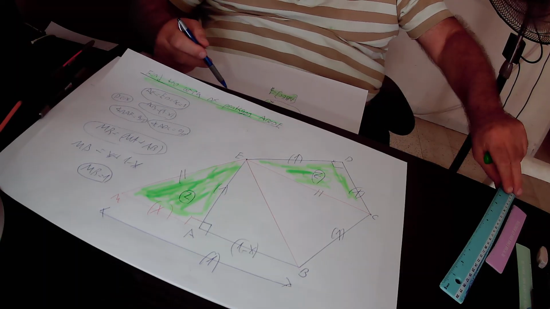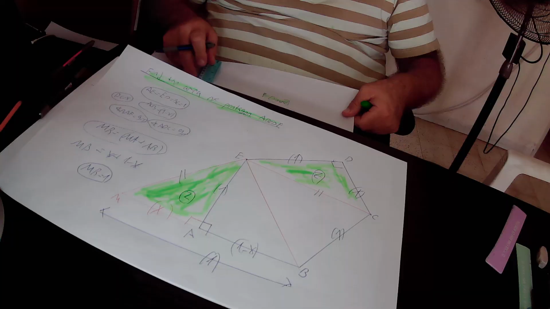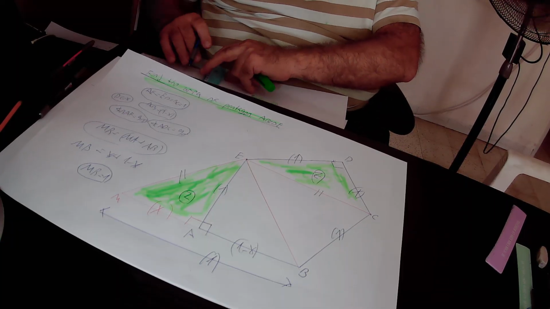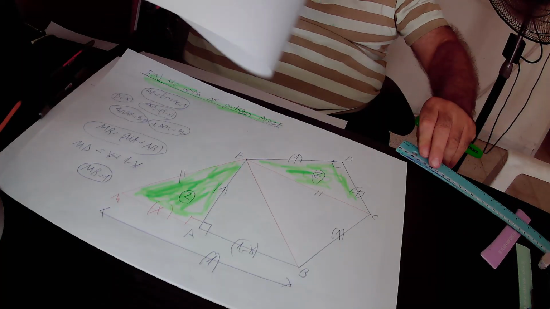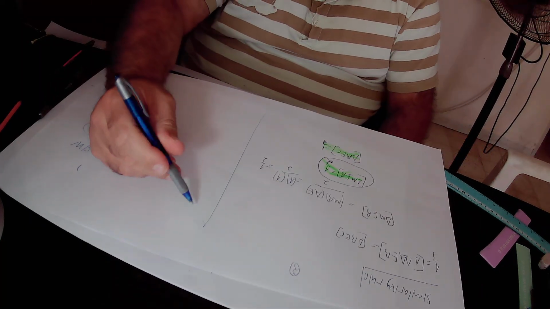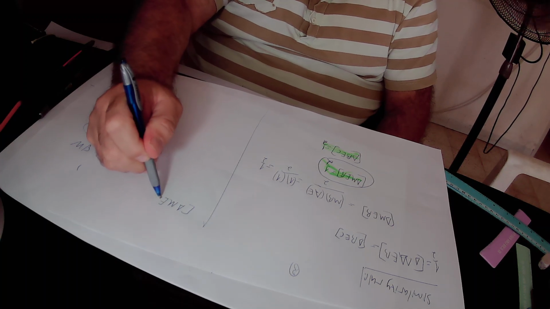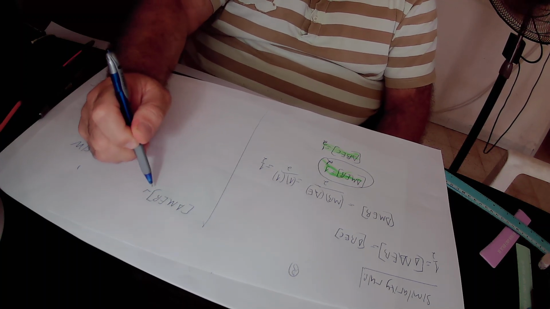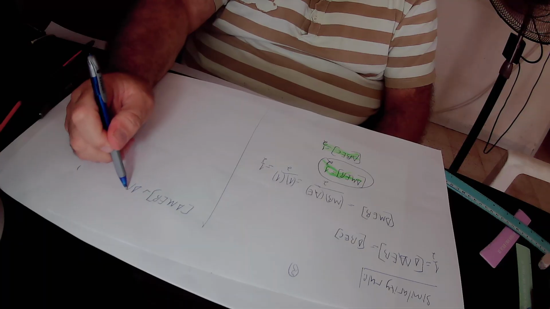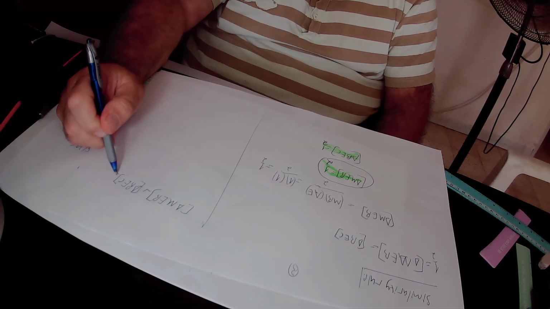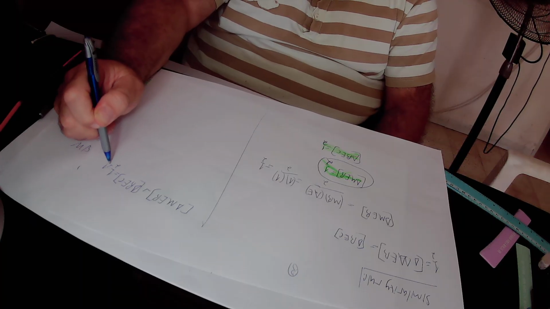So if you know that the area of triangle MEB plus the area of triangle BEC in total is equal to 1 half plus 1 half, that is 1.